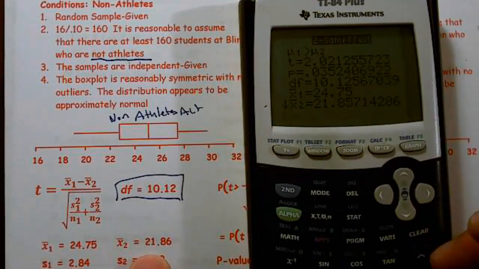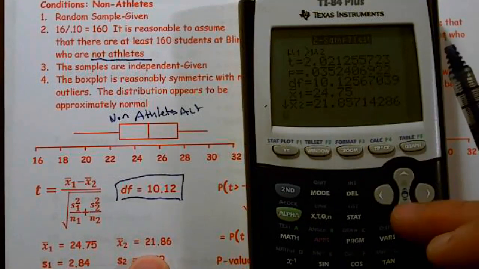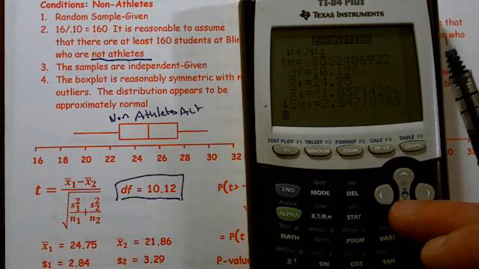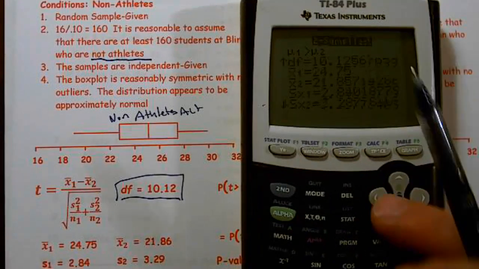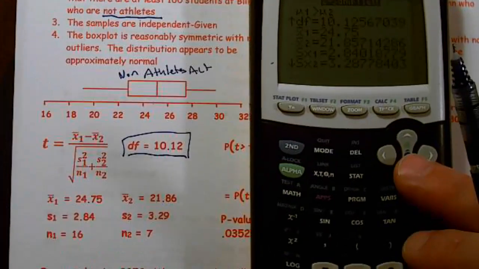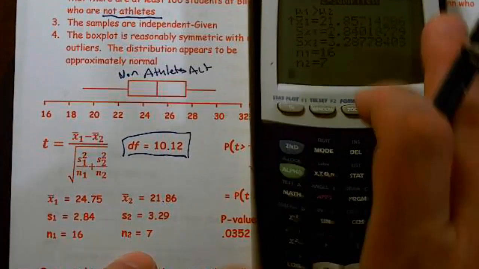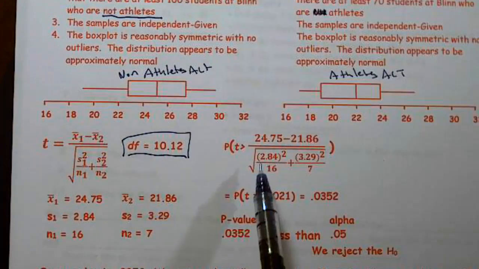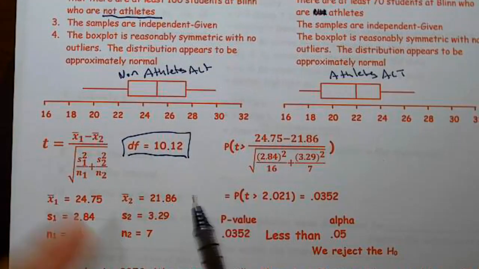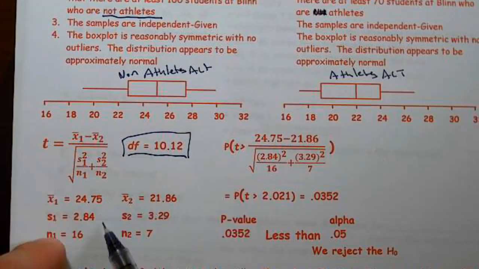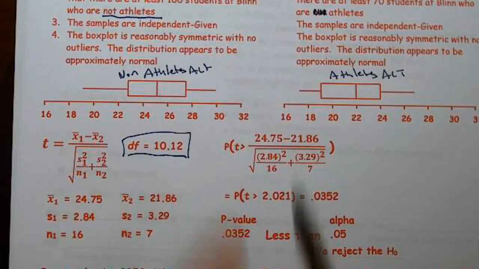We also have x bar 2 is 21.86. s1 is 2.84, s2 is 3.287, so 3.29. Sample size n1 is 16, n2 is 17, and make sure you plug those into your formula. All right, so very important that you make this list and plug it in.